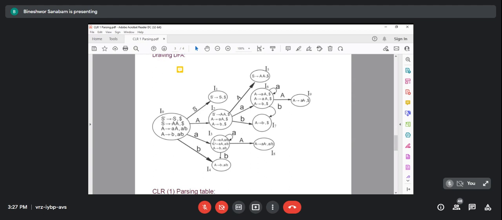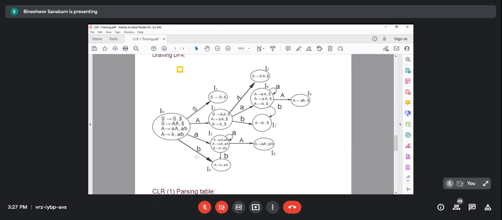Since after the dot we have the non-terminal A again, we have to include the productions: A implies dot a A and A implies dot b. Then the look ahead must be the same as the first production, so the look ahead is a or b.